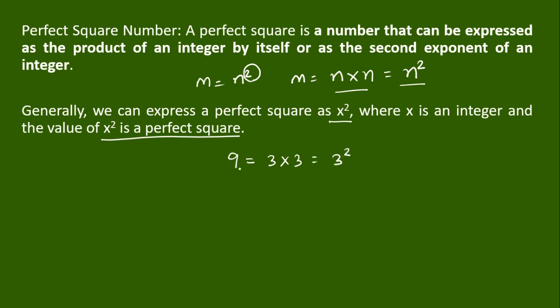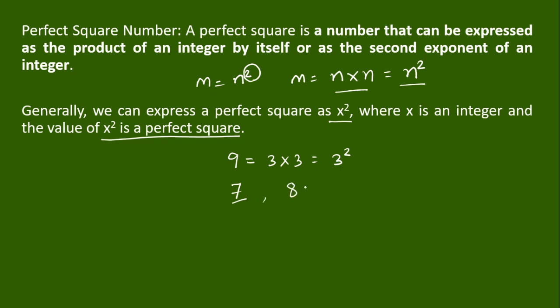So 9 is a perfect square number. But suppose 7, can I represent it as a square of any number, or multiplication of a number with itself only? No, I cannot write it in that form. So 7 is not a perfect square number.